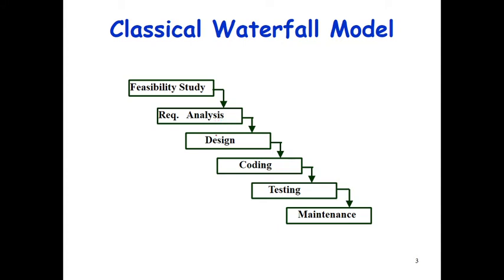Only when the whole product is completed can you check everything from the first phase. This is a big drawback of the classical waterfall model, that we cannot rectify things if it is too late. You can rectify if you are in that phase, otherwise it will be problematic.